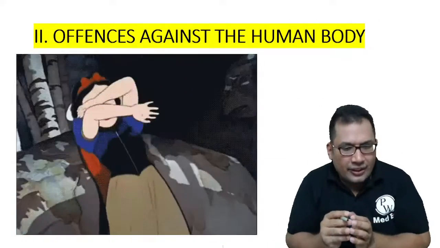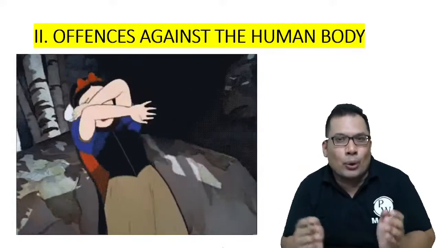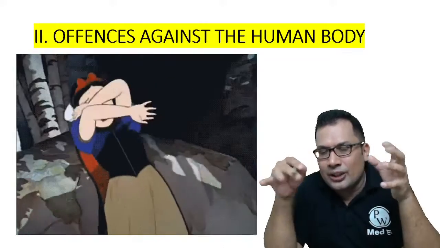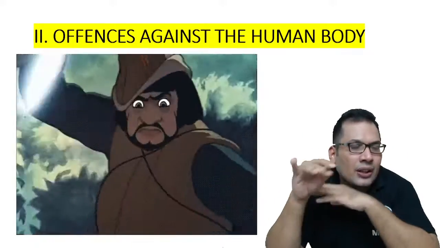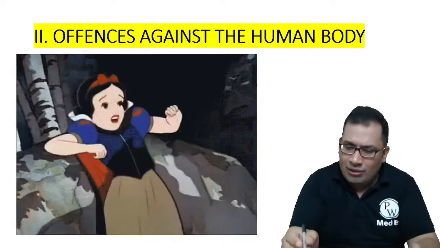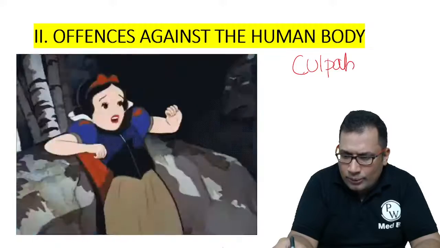Now some changes related to offenses against the human body. All these are very important topics. We discussed them many times in our live classes. Now I am going to discuss briefly the offenses against the human body. We used to study culpable homicide all the time.